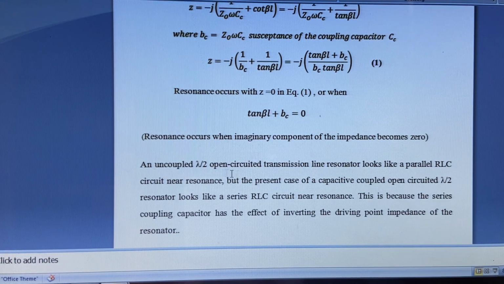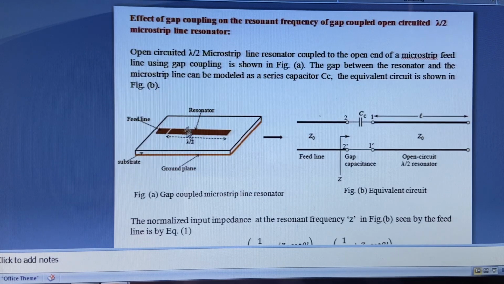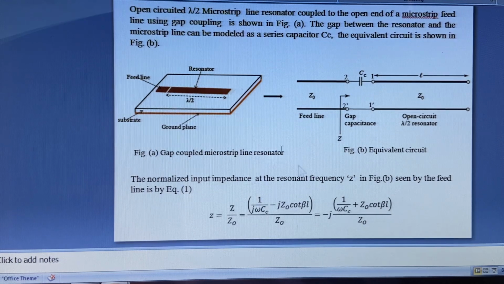An uncoupled lambda by 2 open circuited transmission line resonator looks like a parallel RLC circuit near the resonance. But in the present case, the capacitively coupled open circuited lambda by 2 resonator looks like a series RLC circuit near the resonance, as shown here. If you consider only the lambda by 2 open circuited line without this feeding structure, then jZ0 cot beta L must be equal to 0.